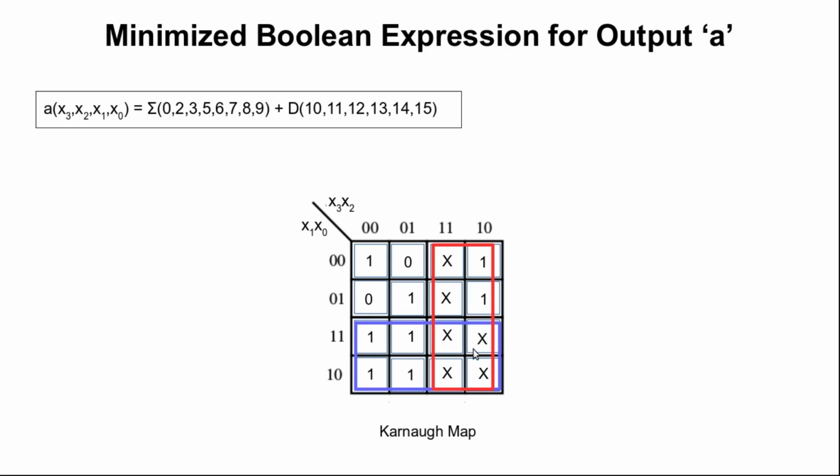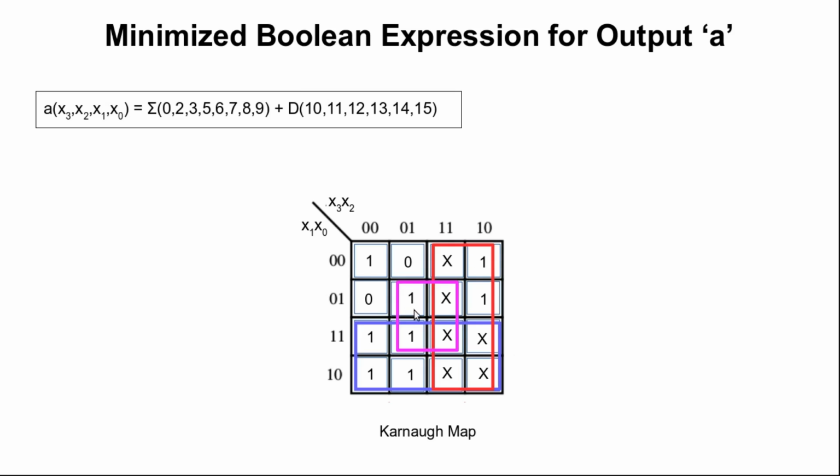So we consider this cross to be 1, and hence I can make a group of size 8, and the same thing can be done to cover these two ones. We can consider all these don't cares as 1, so that I can get a group of size 8.